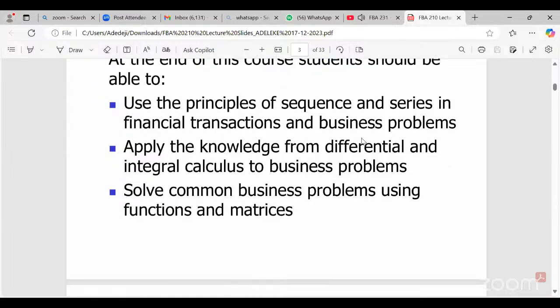You should also be able to reduce any problems using functions or matrices if they are applicable.